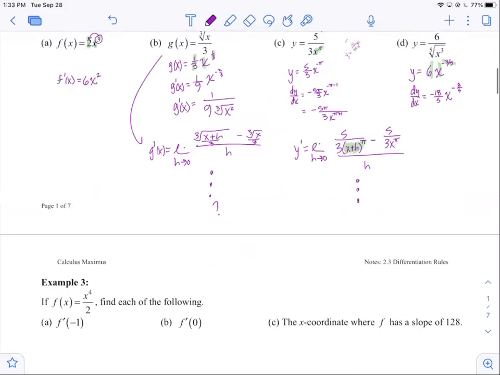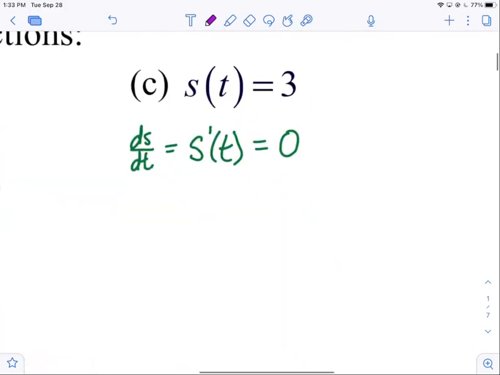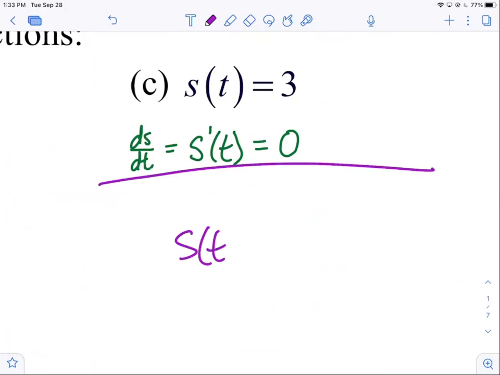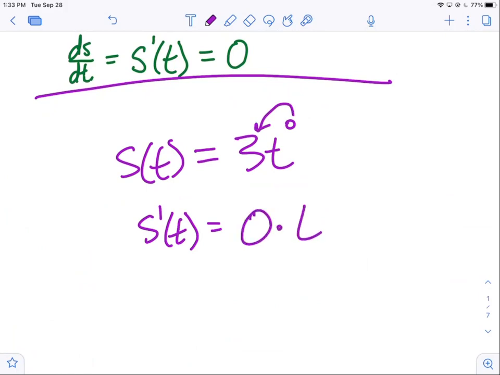Is that awesome? That's freaking awesome. Look, does it work up here for constants? Let's try it. I can rewrite 3 as 3 times t to the 0th power, right? All right, so the left side's derivative is s prime of t. Let's try the power rule. Multiply, 0 times 3 is 0, times t to the subtract, 0 minus 1, negative 1.